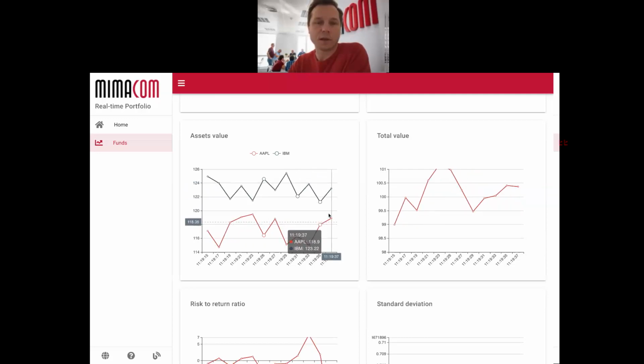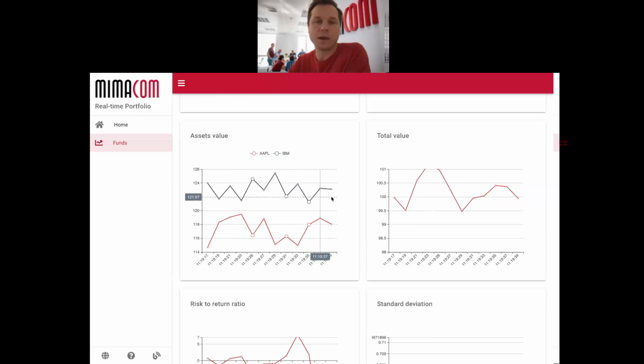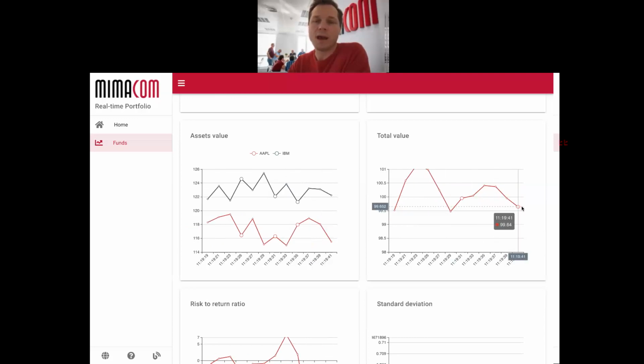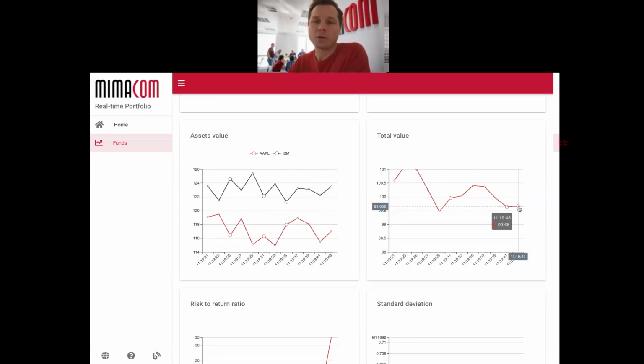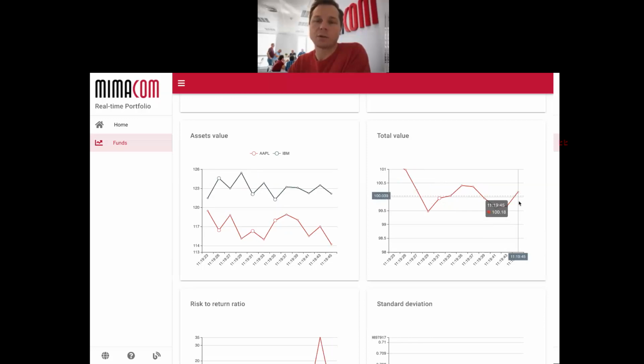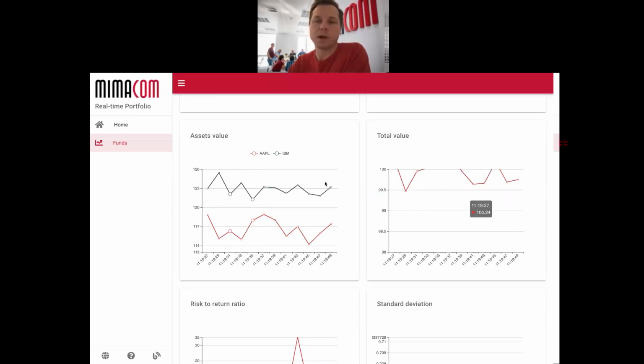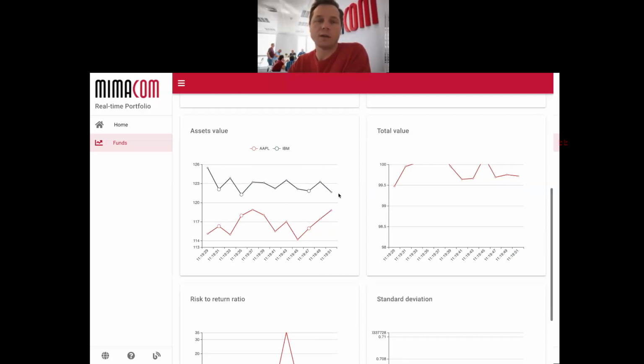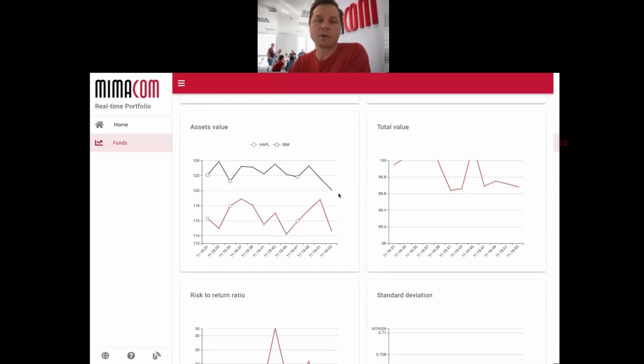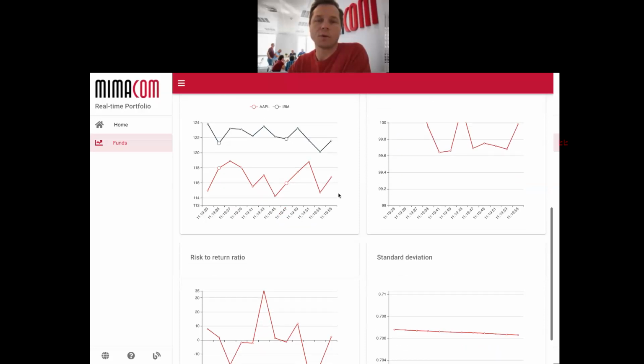This is the Apple, this is the IBM values, and the whole value of your fund oscillates around the 100 francs you invested at the beginning. So current value and unique assets value, which compose your fund.